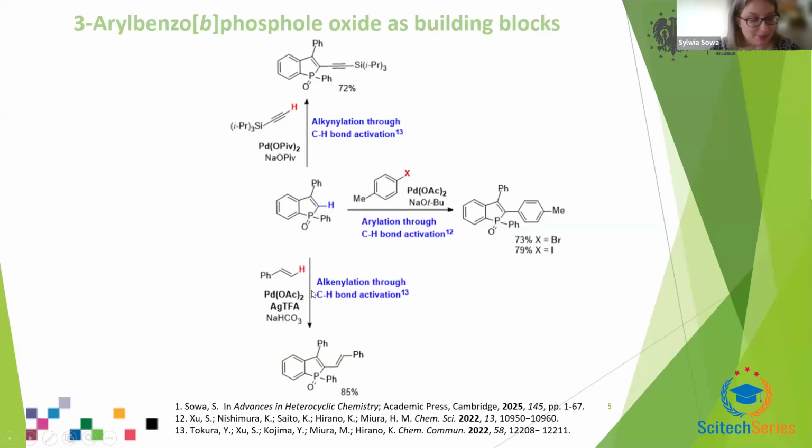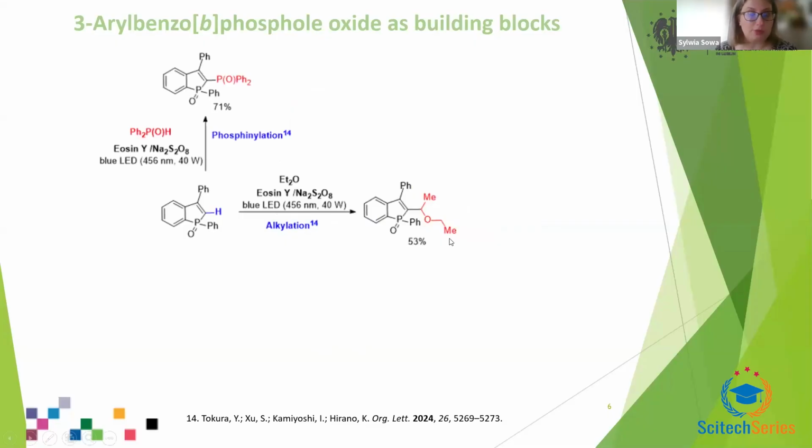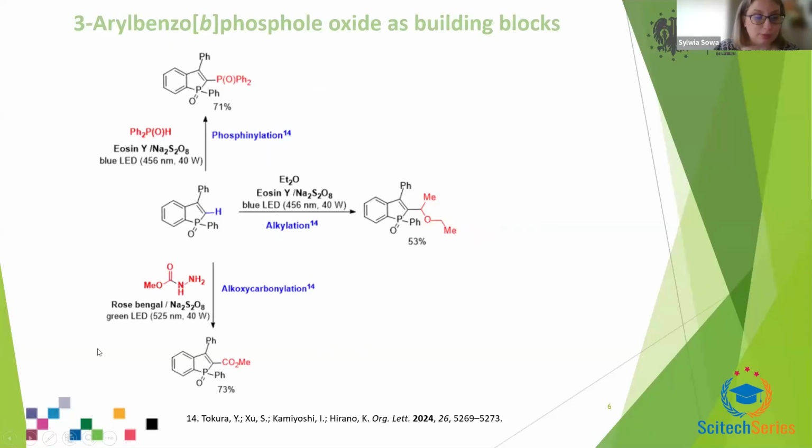The same group has successfully functionalized the benzophosphole core at the 2 position with alkoxymethyl groups, as you can see here, with a phosphoryl group, like here, and also with an alkoxycarbonyl group, as we can see here, with all reactions giving very good results.